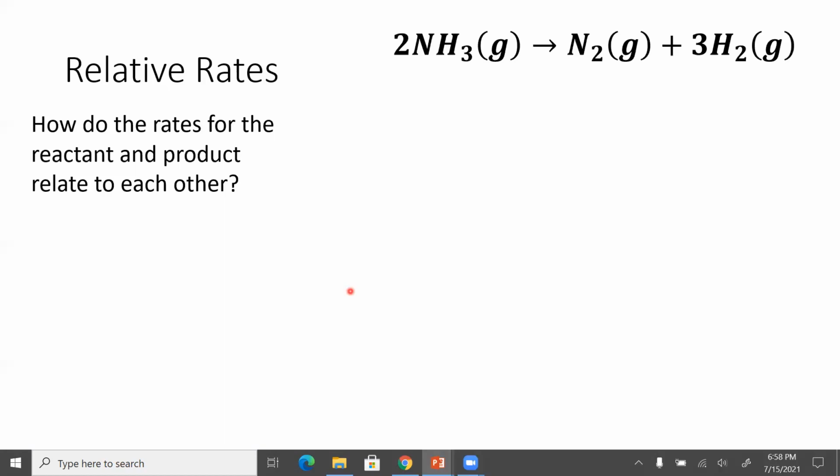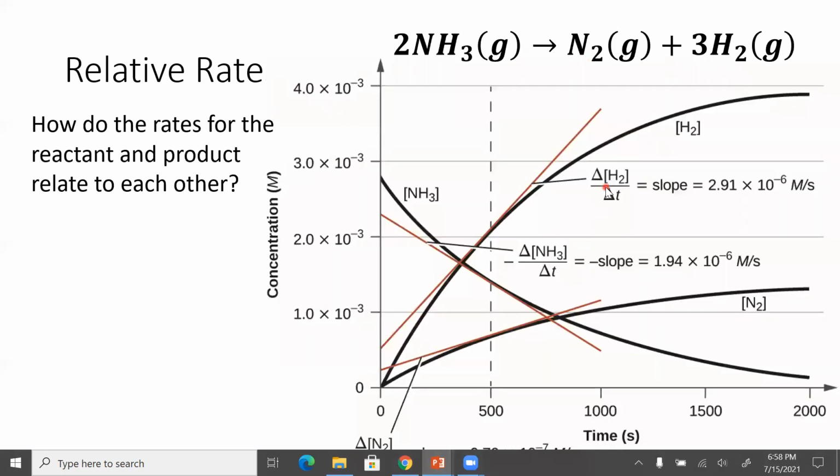Well, it has to do with the stoichiometry of the balanced equation. So let's say that we're talking about the decomposition of ammonia into nitrogen gas and hydrogen gas. If we were to look at the graph of that, we've got concentration along the y-axis and time along the x-axis. At time equals 0, we only have reactant. The reaction hasn't started yet.